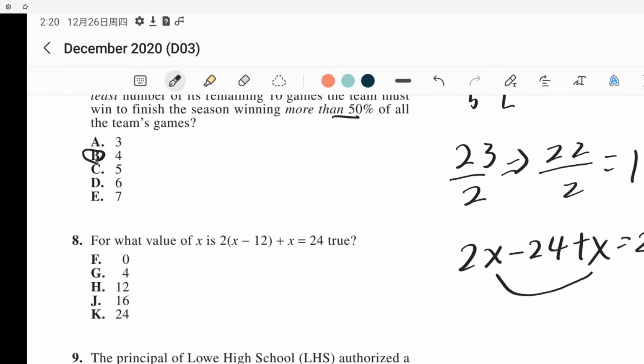And by the sum addition, we could combine x. So we can write this as 3x minus 24 equals 24. 3x equals 48. Solving for x results in 48 over 3, which is 16. Therefore, we have J.